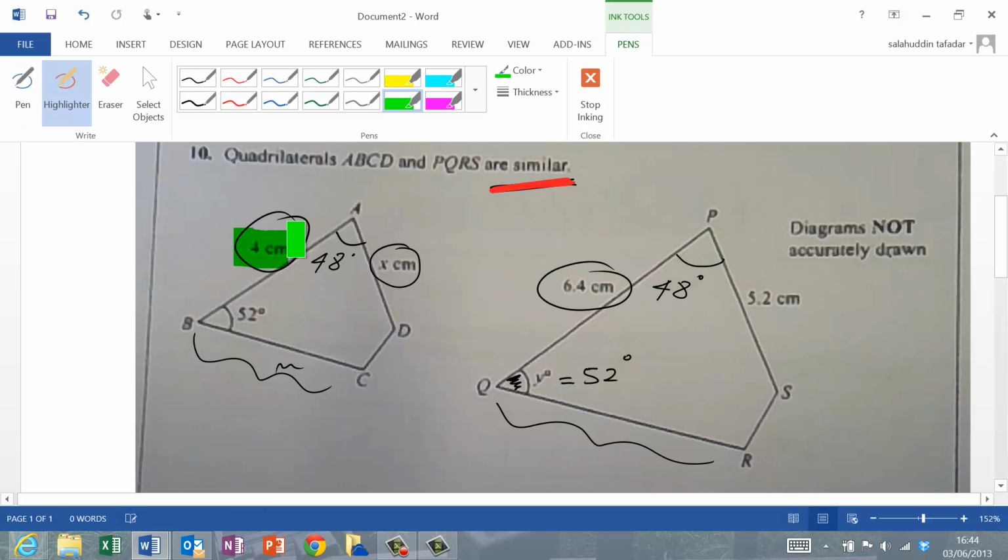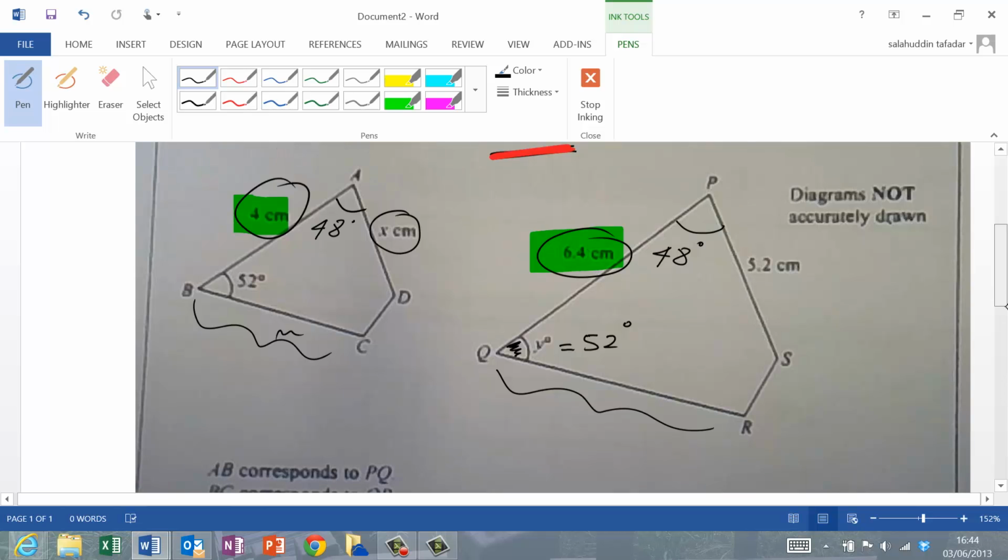It's the 4 here and the 6.4 here. I have to make sure that I am choosing two corresponding sides where the information is given. So the 4 centimeters here and the 6.4 centimeters.